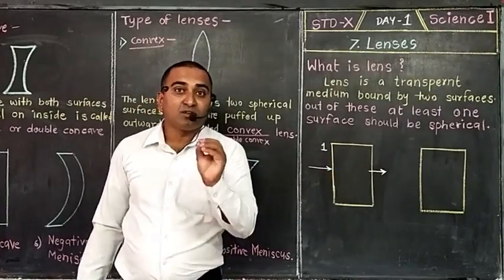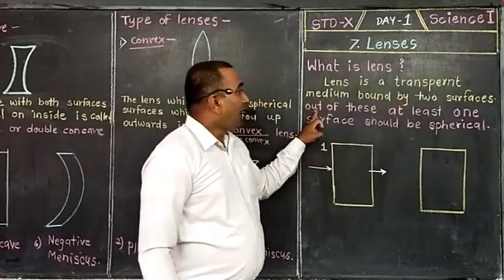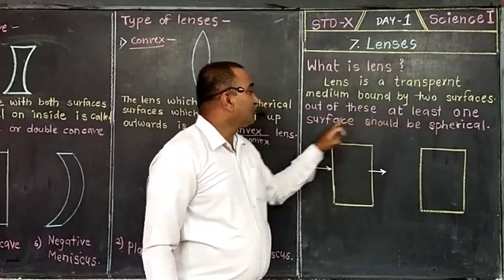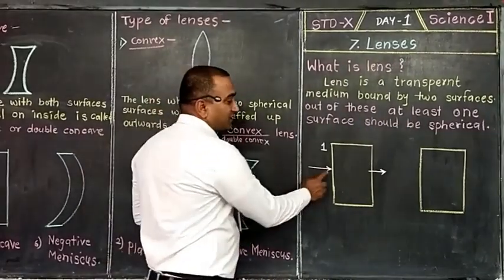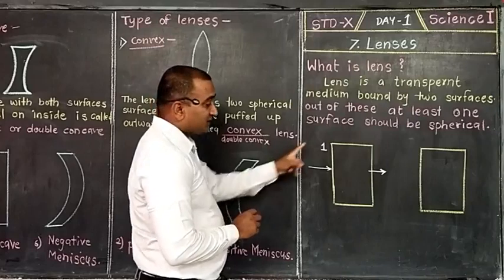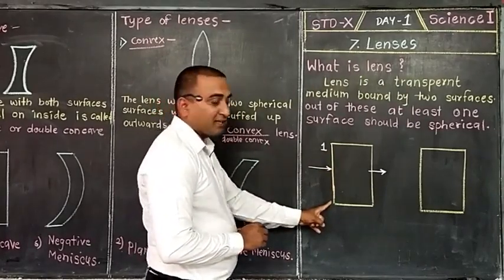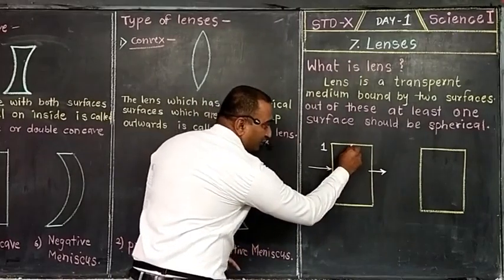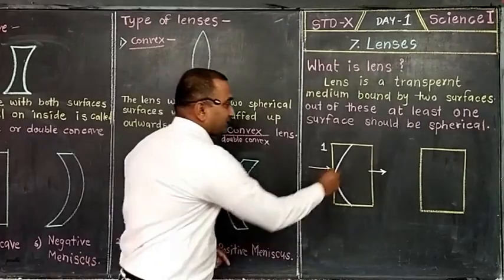So we should add some more words to this definition: out of these surfaces, at least one surface should be spherical. See, this is the first surface, and this surface is a plane surface. When you want to make it spherical, you have to give shape to this surface like this.